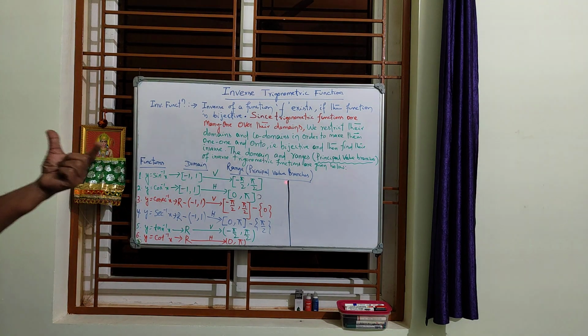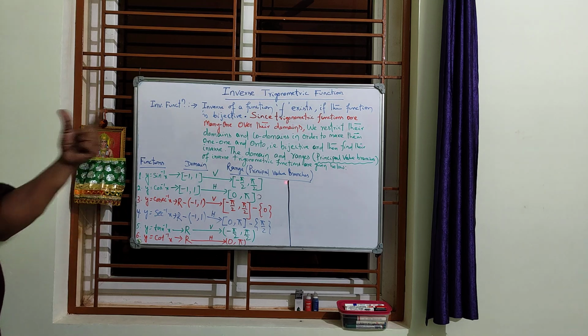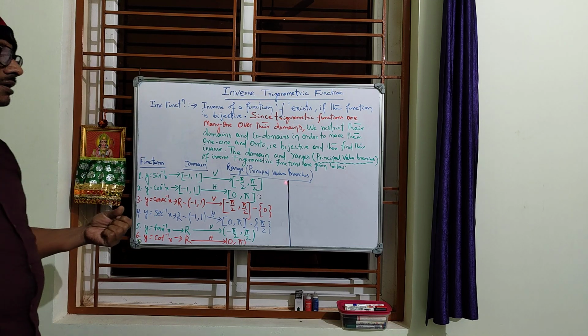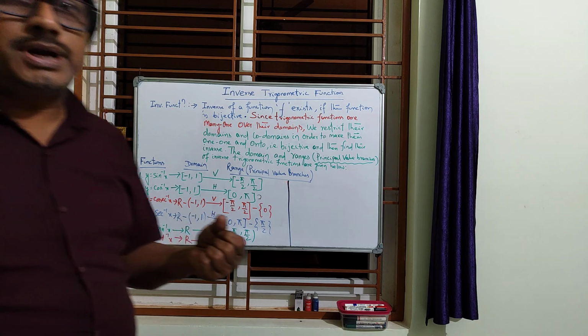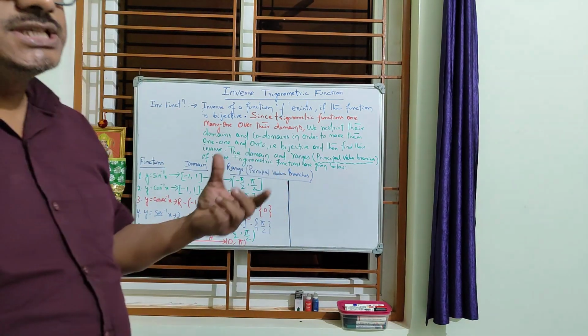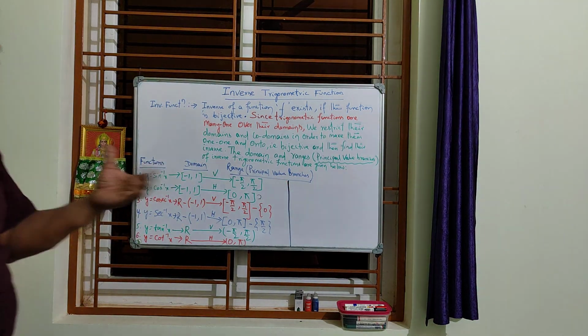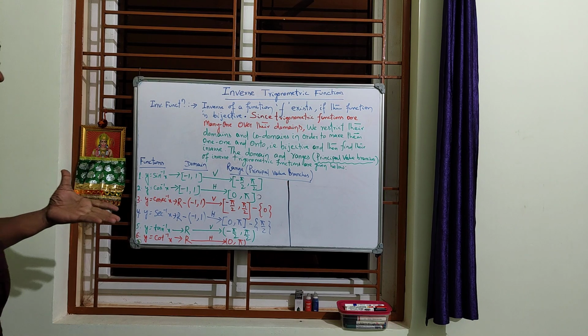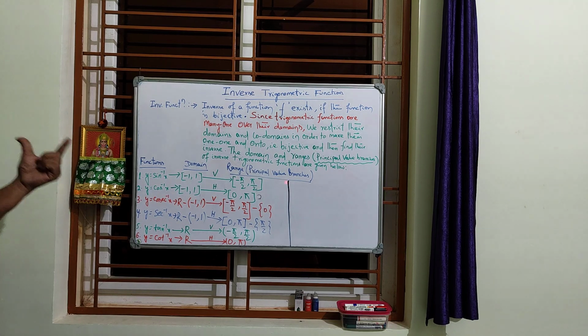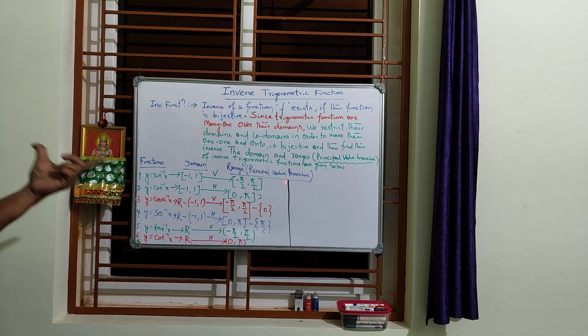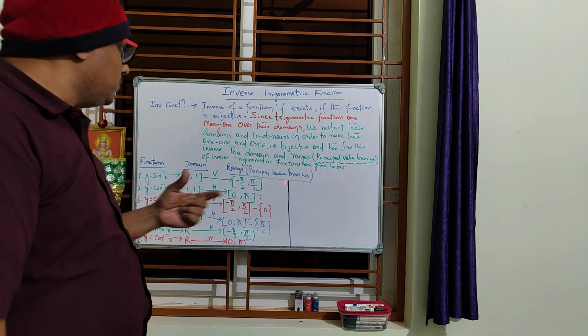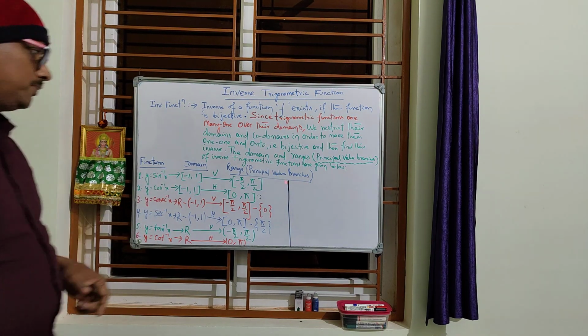The domain and ranges, where ranges are called principal value branches. Principal value branch means range of the function. The inverse trigonometric functions are described below.